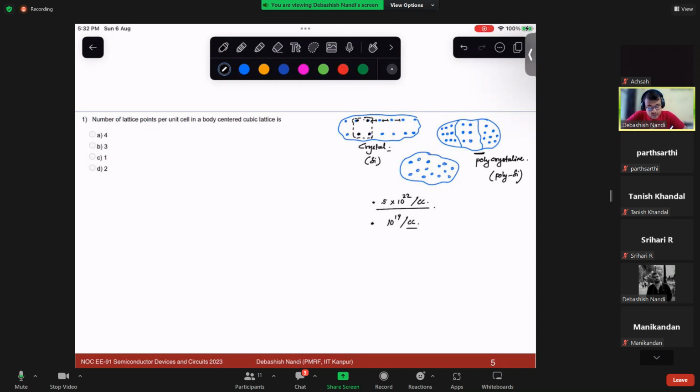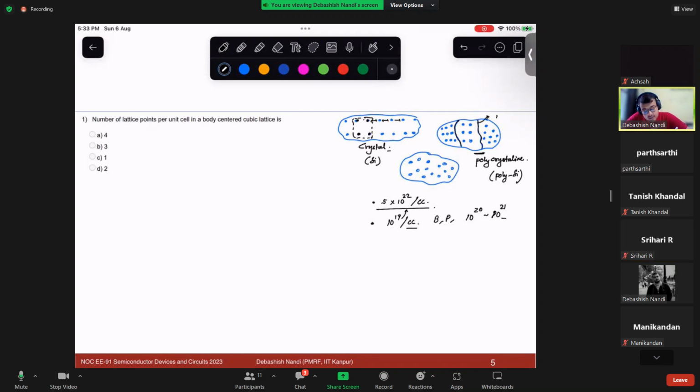Just let me tell you one thing: if you try to dope this with some boron or phosphorus, let's say 10 raised to 20 or 10 raised to 21, the crystalline nature of the silicon breaks down. It starts to become polycrystalline. And what are these boundaries called?